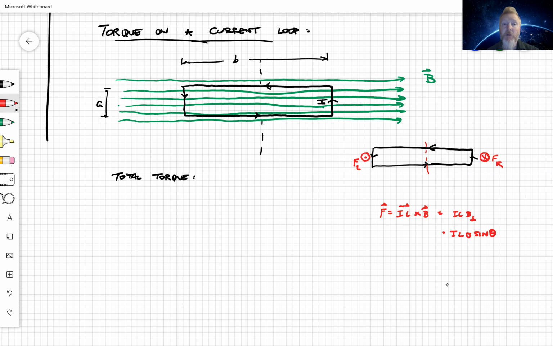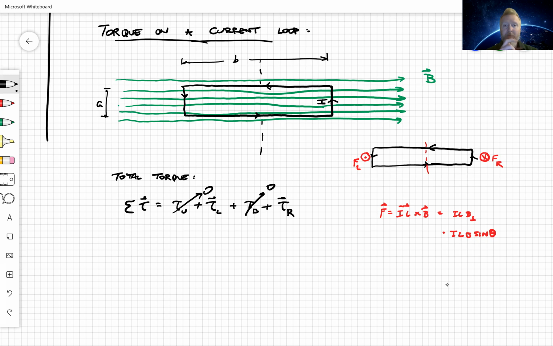So anyways, let's look at the total torque on the current loop now. The torque's going to be the sum of torques: the torque on the upper half, the torque on the lower half, torque on the left part, torque on the right part. And the first two, as we already talked about, are both 0. Now we get to do another right-hand rule with the torque.